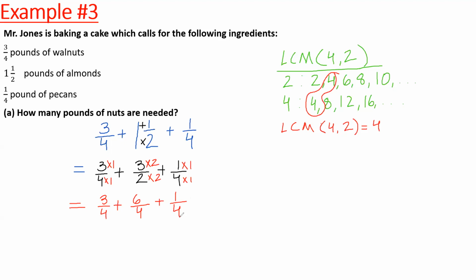So what do we have to do with this? We're going to add up all of the numerators. So we have 6 plus 3, which is 9.